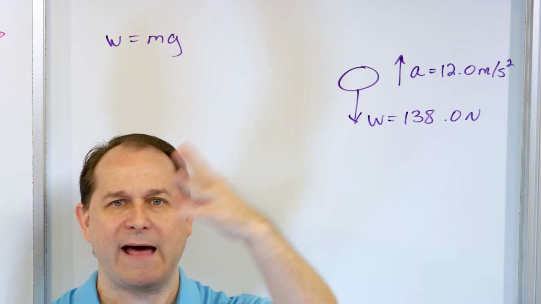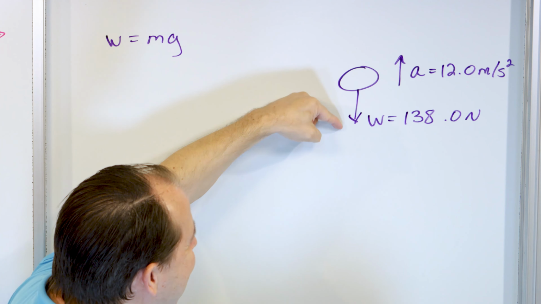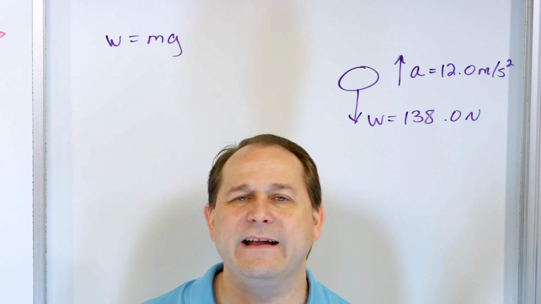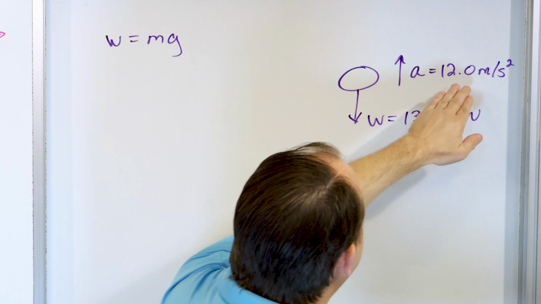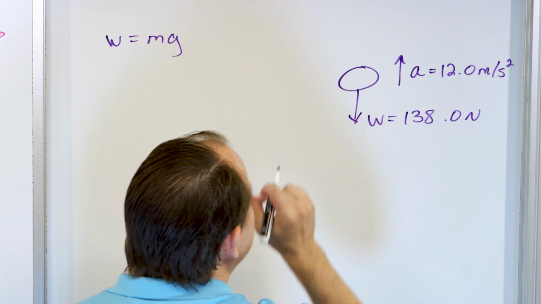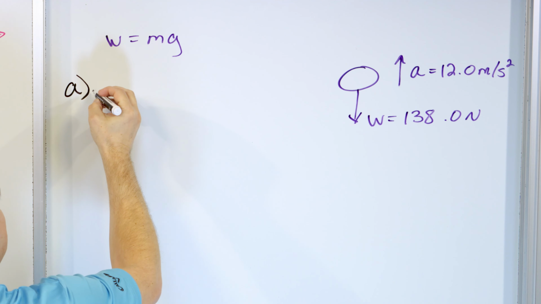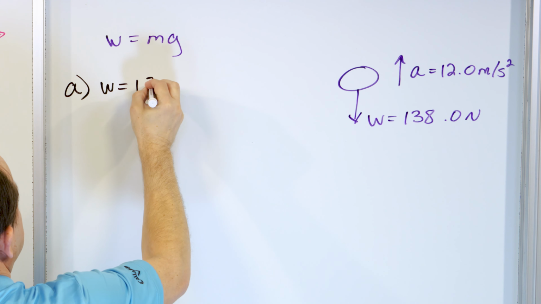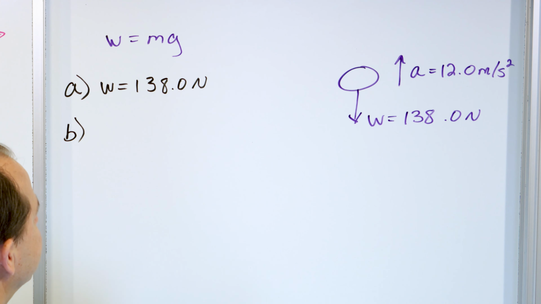When it's near the earth, the force of gravity is always acting down and it doesn't change. It's always there. So how much does it weigh when this object is traveling upward? Another way of saying, what is the force of gravity on this thing, even though it's traveling upward? And the answer is that the weight is still 138.0 newtons. That is the answer.